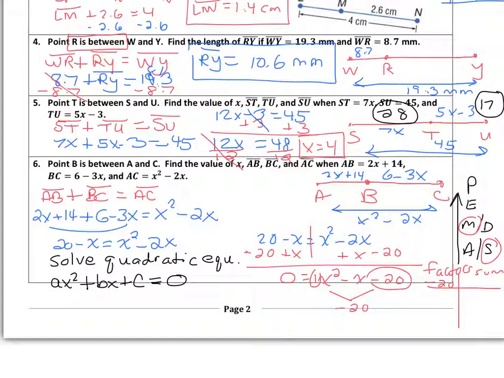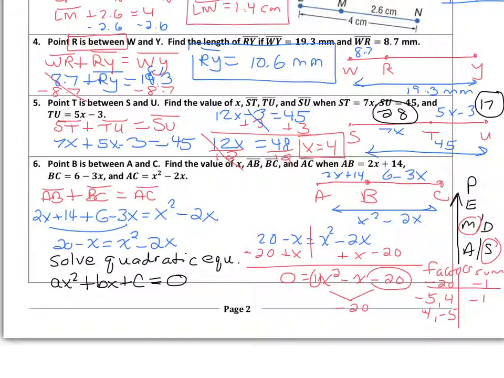So we want a pair of factors that sum to negative 1. What can we get? Well, we've got factors of negative 20: negative 5 and positive 4, or positive 4 and negative 5. We could have, by the way, negative 10, positive 2, negative 2, positive 10, etc. But the first one I chose sums to negative 1. Negative 5 plus 4 is negative 1.